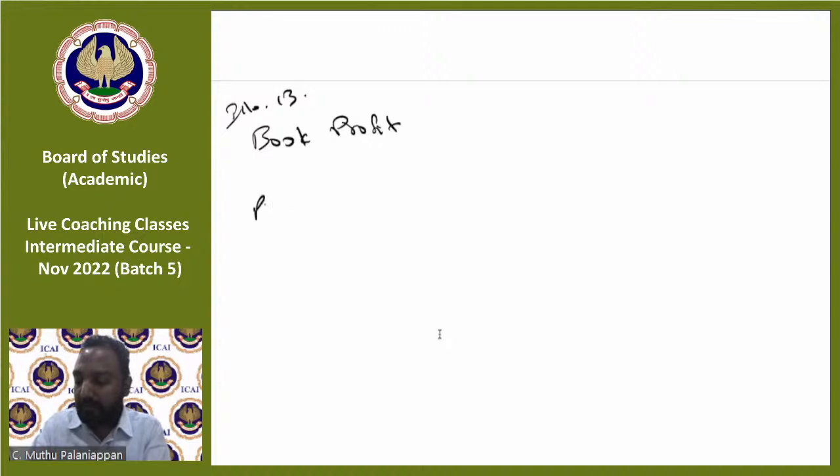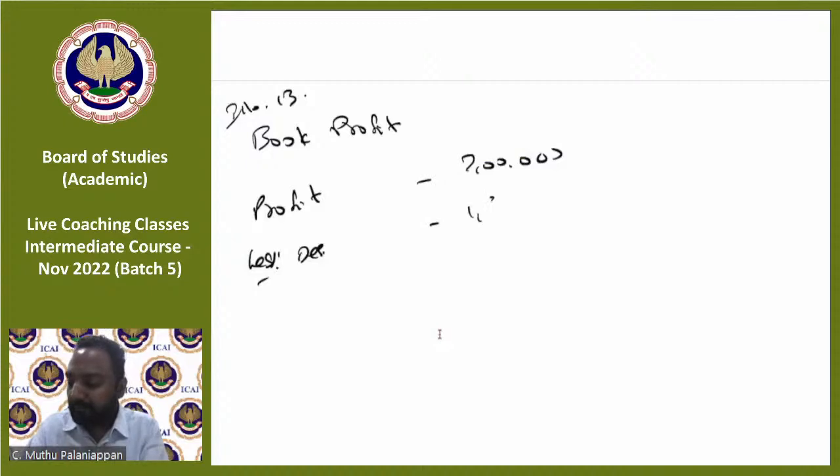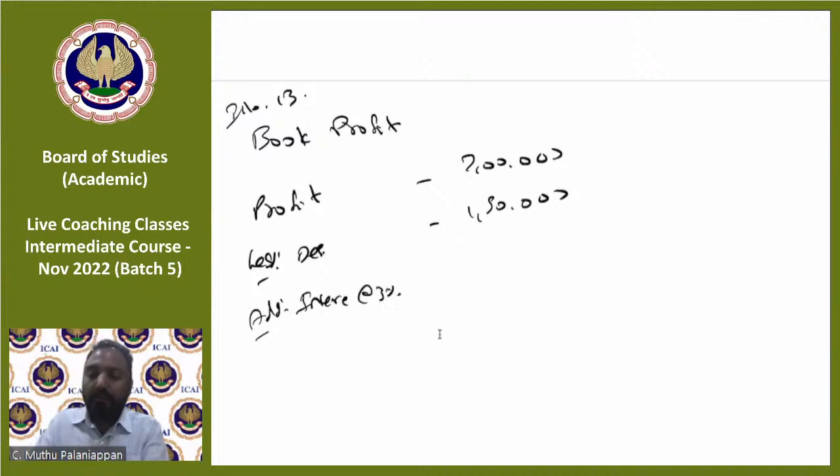So basically I start with the profit. What is the profit? 7 lakhs. Less depreciation of 1.5 lakhs. And less interest at 12%.